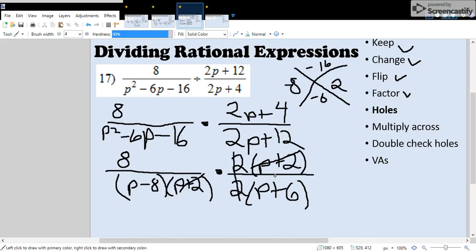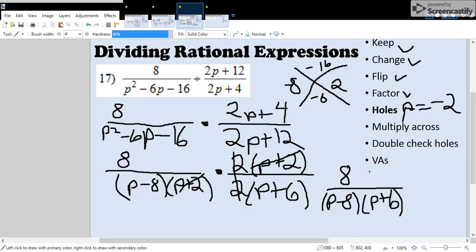And then it looks like that's it for right now. So we have a hole at p equals negative 2. Okay, now let's multiply across. Okay, after multiplying across, you get this. Double check for holes. There's nothing else that cancels or reduces here.